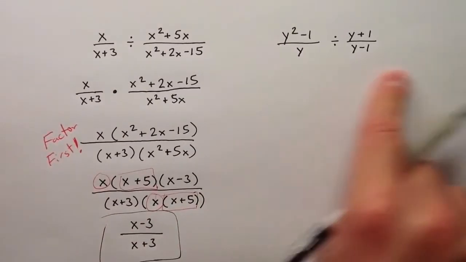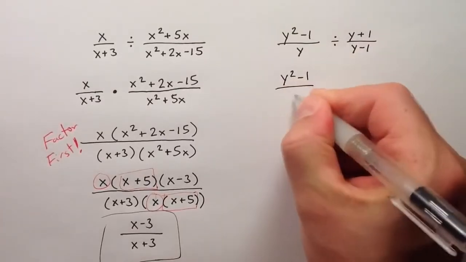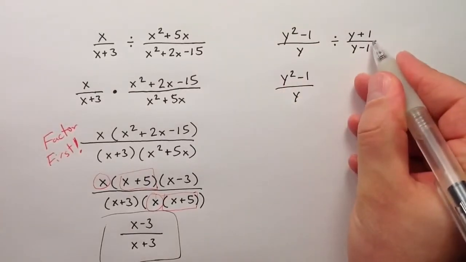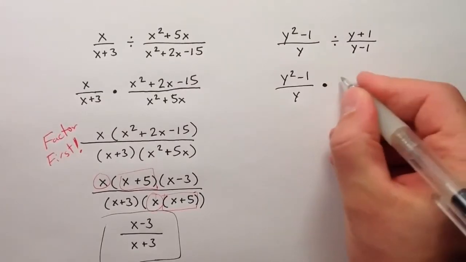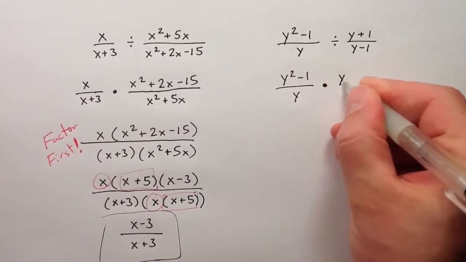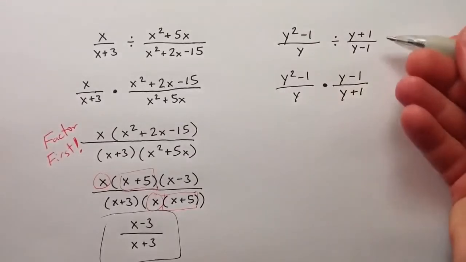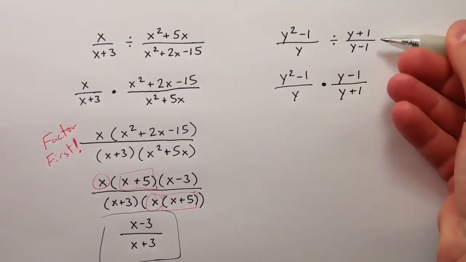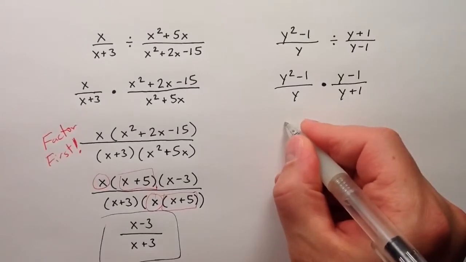For this other expression, in a similar way, y squared minus 1 over y divided by y plus 1 over y minus 1 is the same as multiplying y squared minus 1 over y by y minus 1 over y plus 1. So I'm taking the reciprocal of that second expression. And so I could write those together as a single expression.